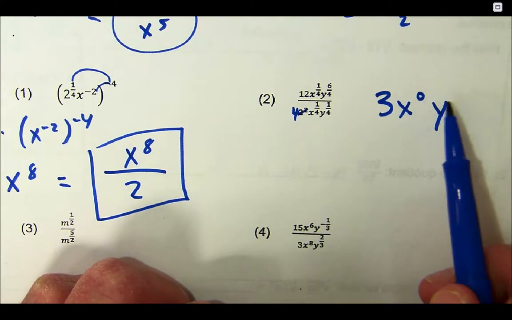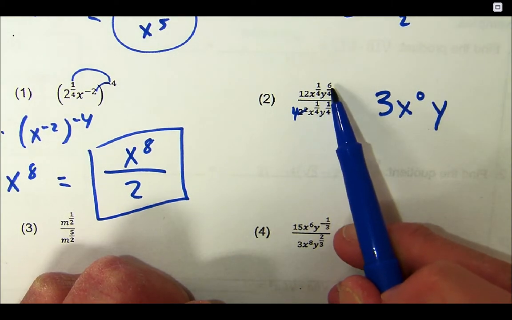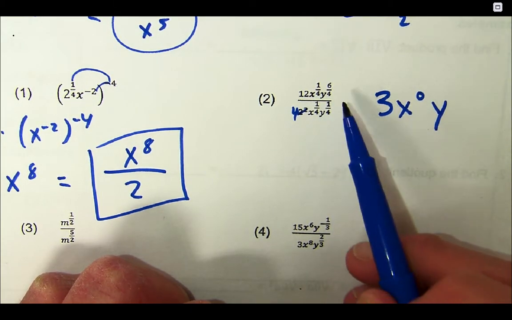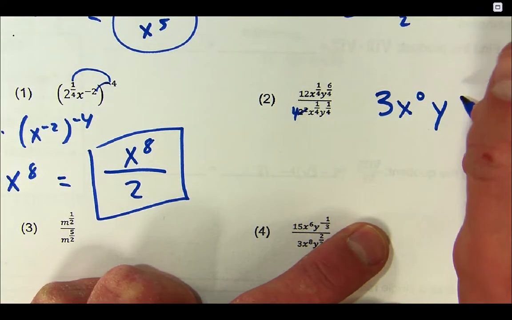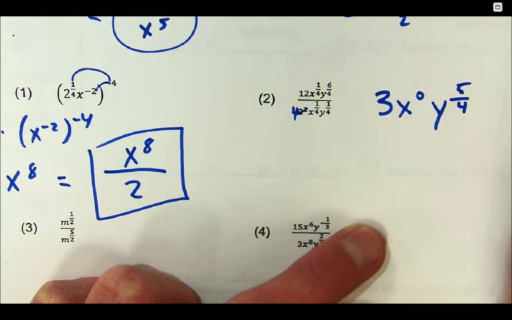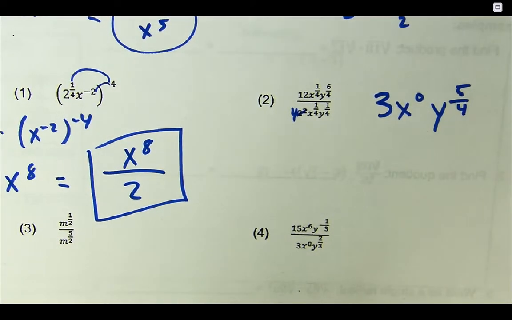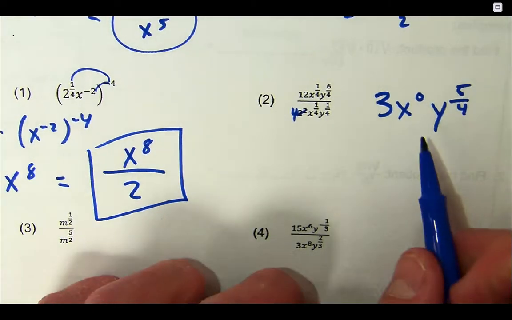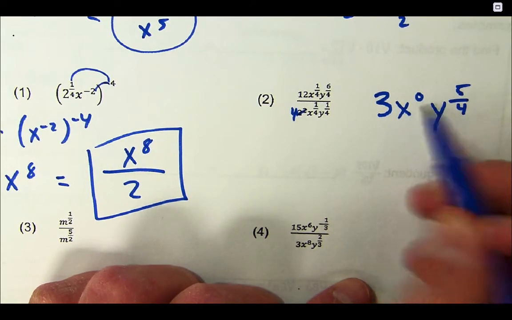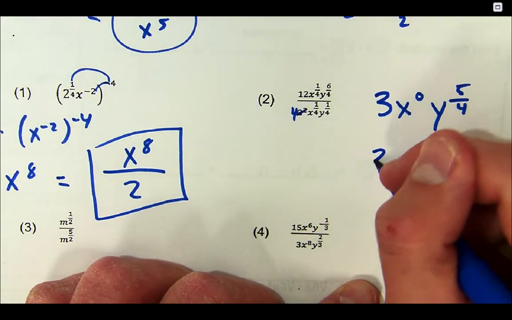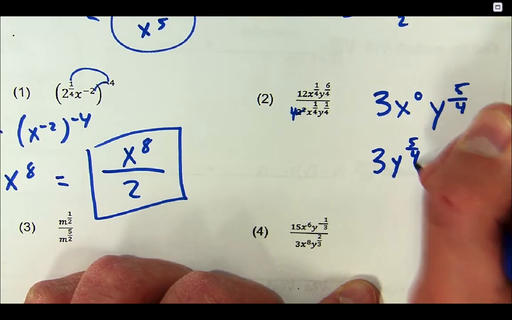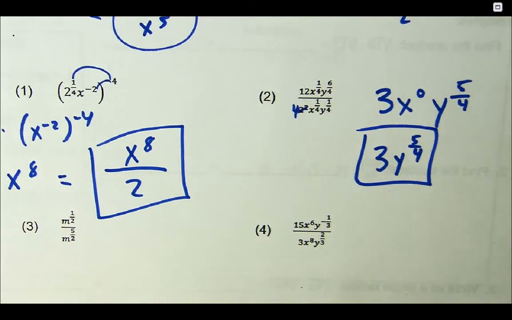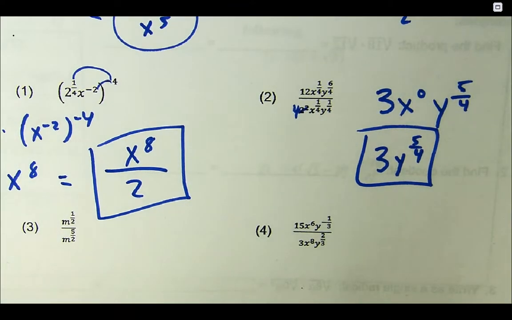Now let's figure out what my exponent is on y. I do 6/4 minus 1/4. Well, 6/4 minus 1/4 is 5/4. And we can simplify this a little bit because anything to the power of 0 is just 1, and 1 times 3 is still just 3. So then you can leave your answer like this, 3y to the 5/4 power.